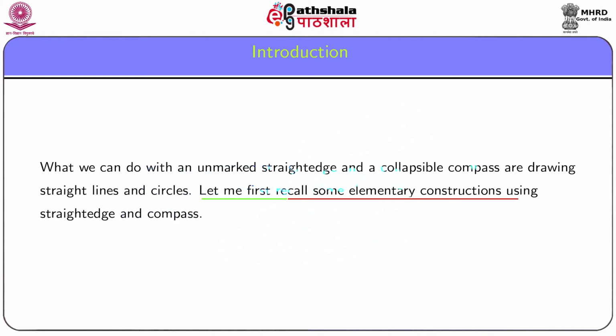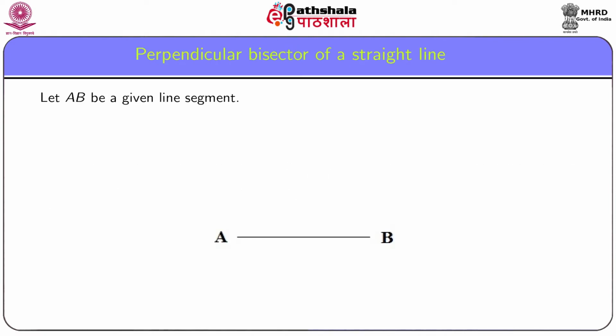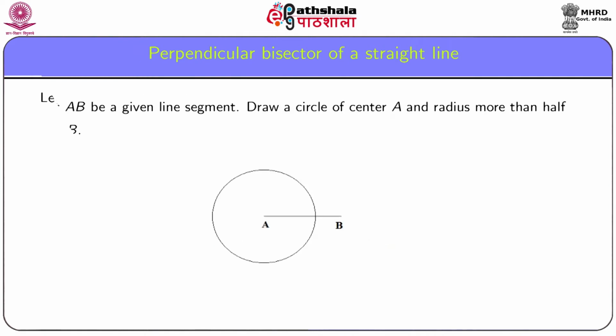Let me first recall some elementary constructions using straightedge and compass. Obviously, we will use these constructions in our subsequent proofs. First, let me recall construction of the perpendicular bisector of a line segment. Let AB be a given line segment. Draw a circle of center A and radius approximately more than half of AB.